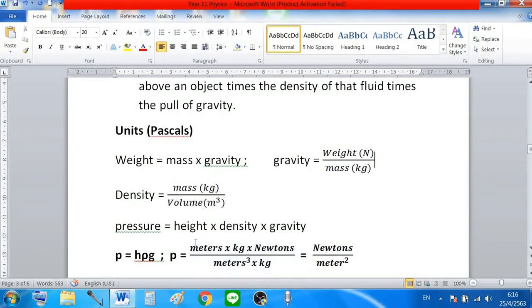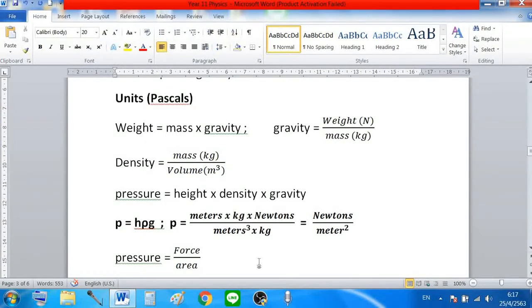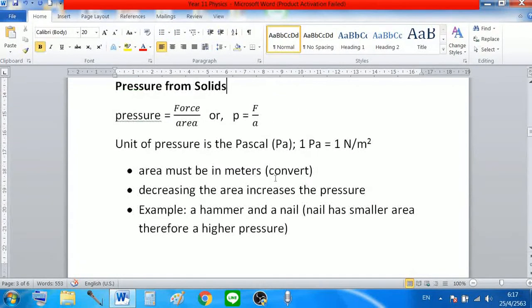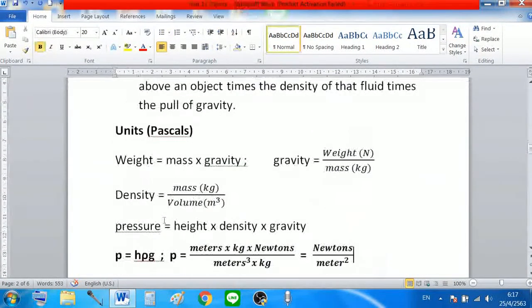So we see that this meter is going to cancel, and the meters power 3 becomes meters power 2. The kilograms both cancel, leaving me with newtons per meter power 2, which is the same pressure that we had for solids, force over area, or newtons per meter power 2 up here. So the unit is also Pascal.